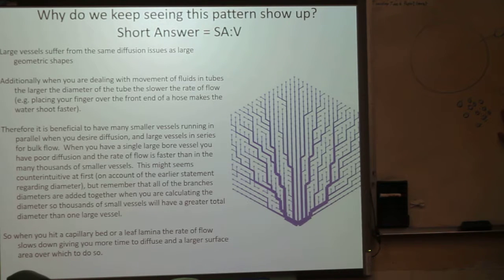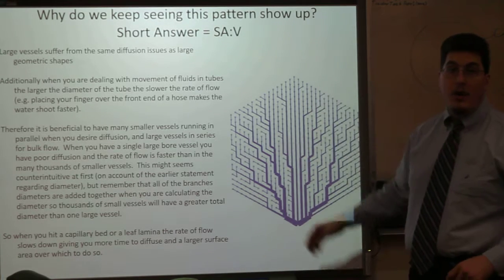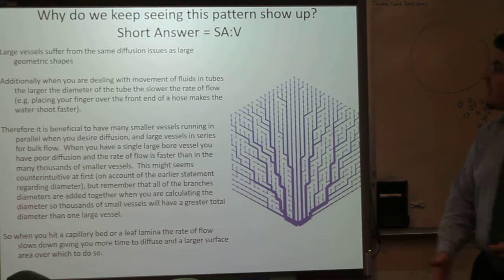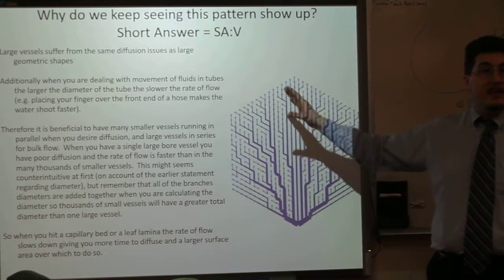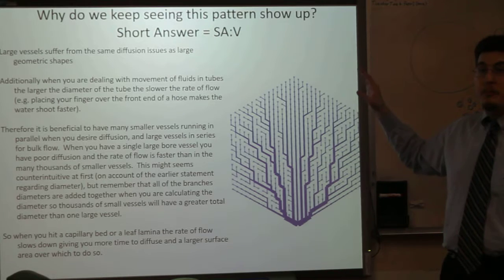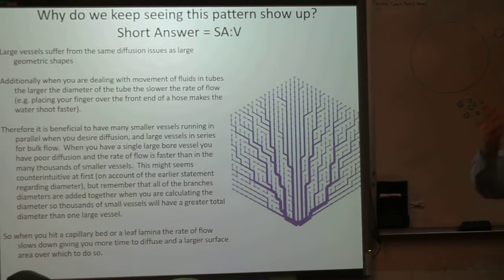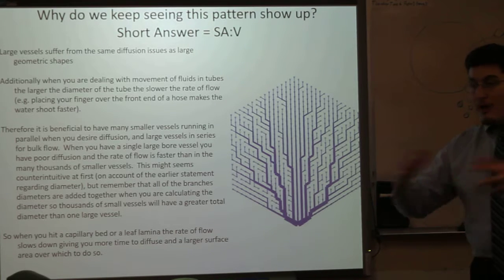It will take less time for diffusion to occur through all of this surface area, and you will have more time to allow it to occur. So this does two things for you: more time to allow for diffusion, and more surface area for diffusion to occur across. That is why fractal branching is an important structural feature in so many biological systems. It helps with the diffusion of substances throughout a creature.